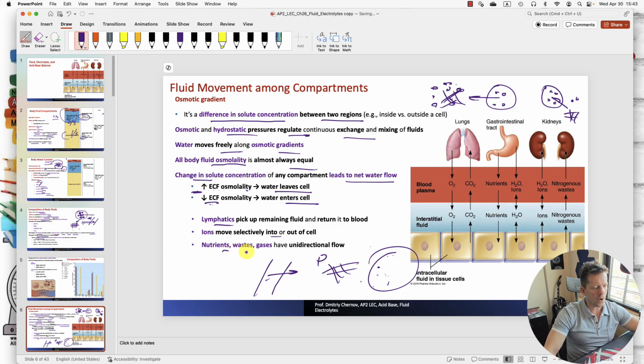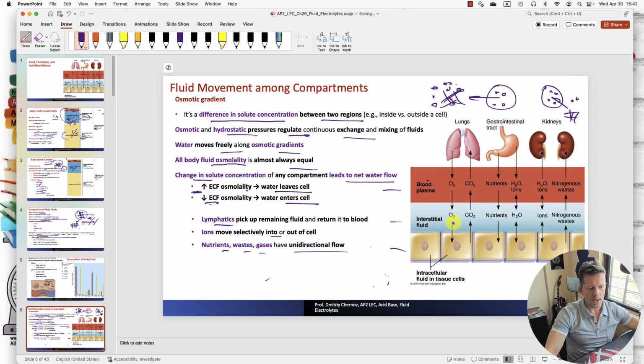Nutrients, waste, and gases have unidirectional flow, right? The nutrients and oxygen move into the tissue, and the waste and carbon dioxide move out. So here's the blood plasma, the interstitial space, and the intracellular space. That's the normal flow.